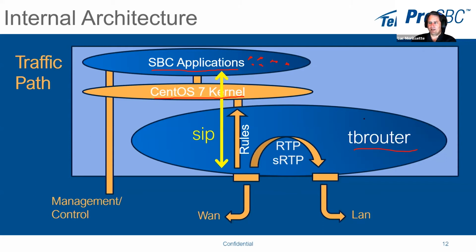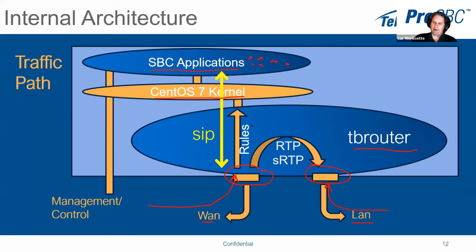TB router is running as a separate entity here. I show it here because it has direct access to these interfaces. The traffic that comes into the system, any WAN or LAN interface, will need to go through TB router before it goes to the SBC applications.